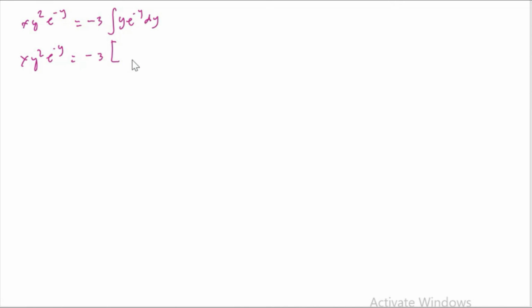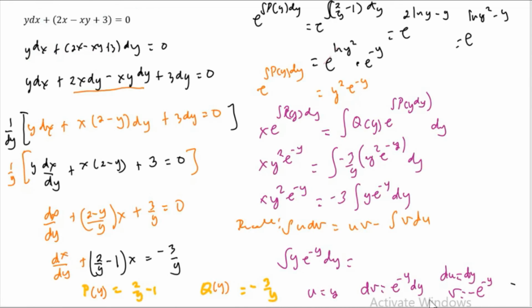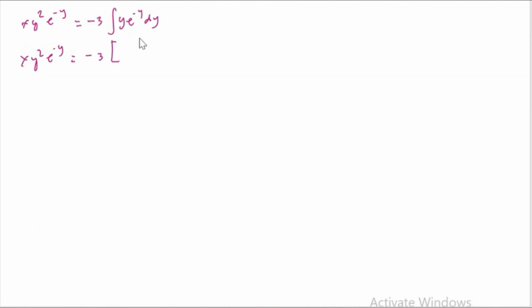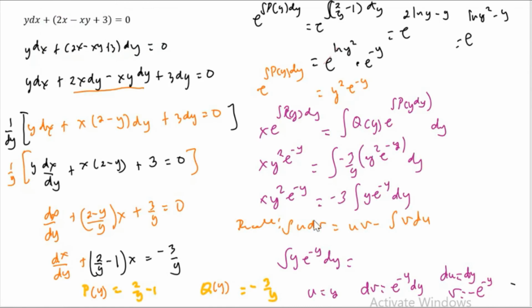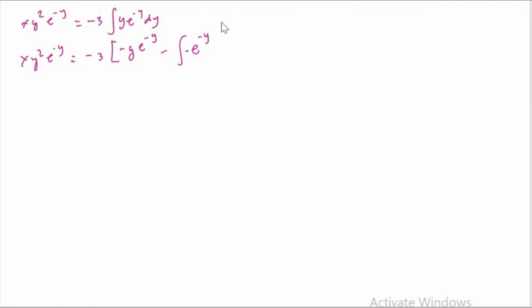Our u times v is y times negative e raised to negative y. So we can write negative y e raised to negative y minus the integral of v du. Our v is negative e raised to negative y, and our du is just dy.